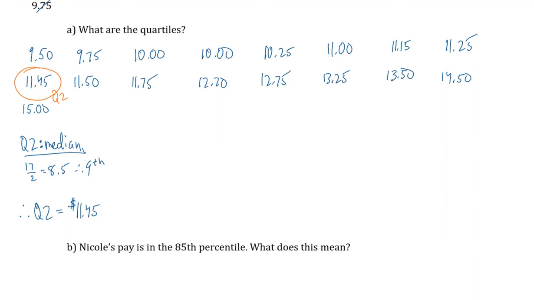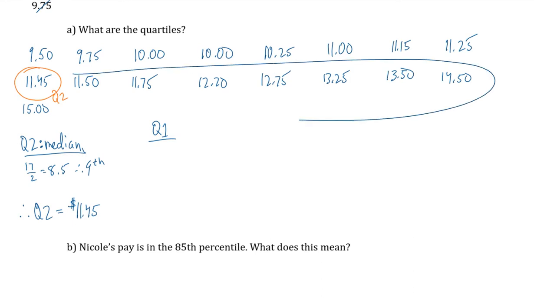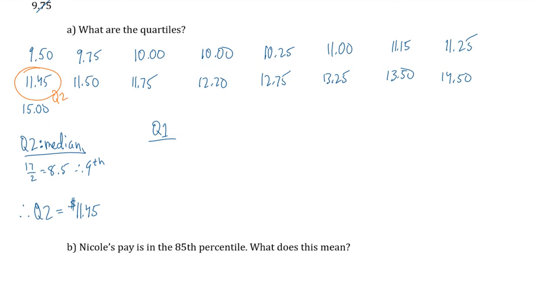Okay, then the other two, it doesn't matter what order that we do them in, but usually we do Q1 next. And so I've got 8 below Q2 and 8 above Q2.